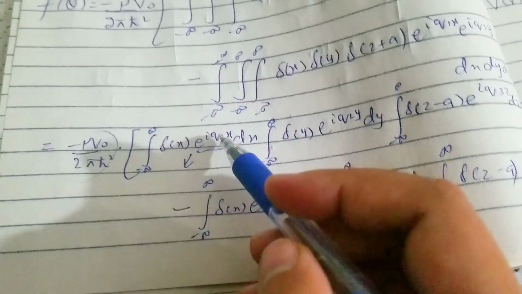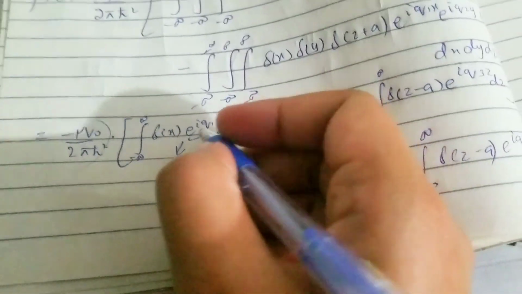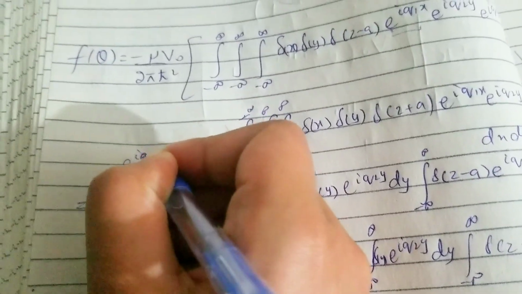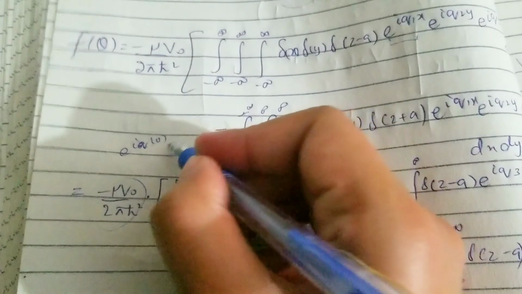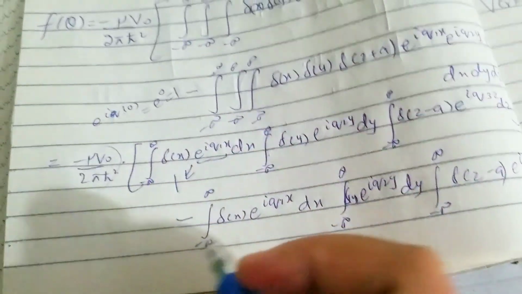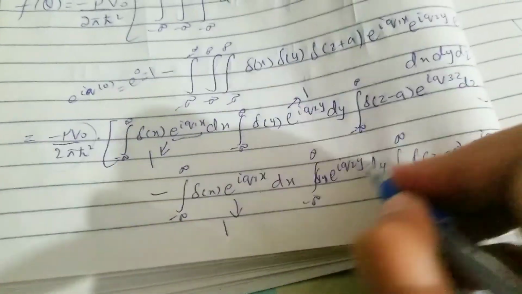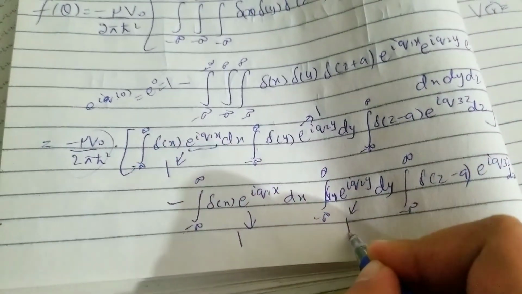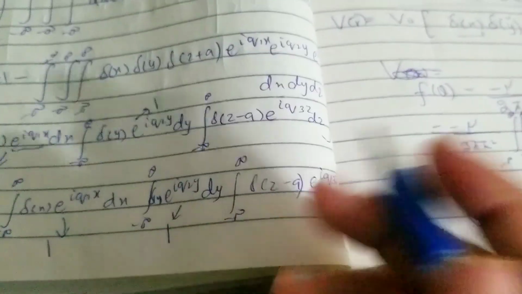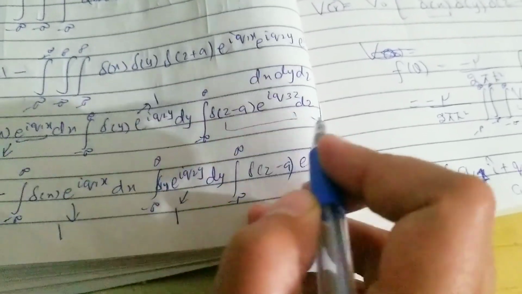If you put x equal to 0 in this exponent, q into 0 makes the whole exponent 0. So e to the power 0 is 1, so this term becomes 1, this one becomes 1 too, this one becomes 1, and this one becomes 1 also. The only non-trivial values that result from this integral are from this one and this one.